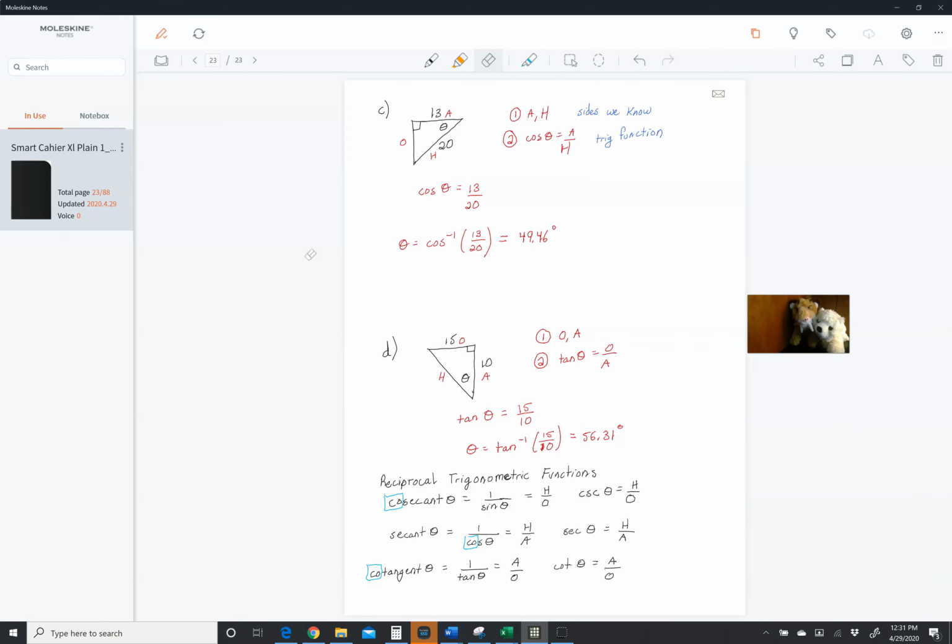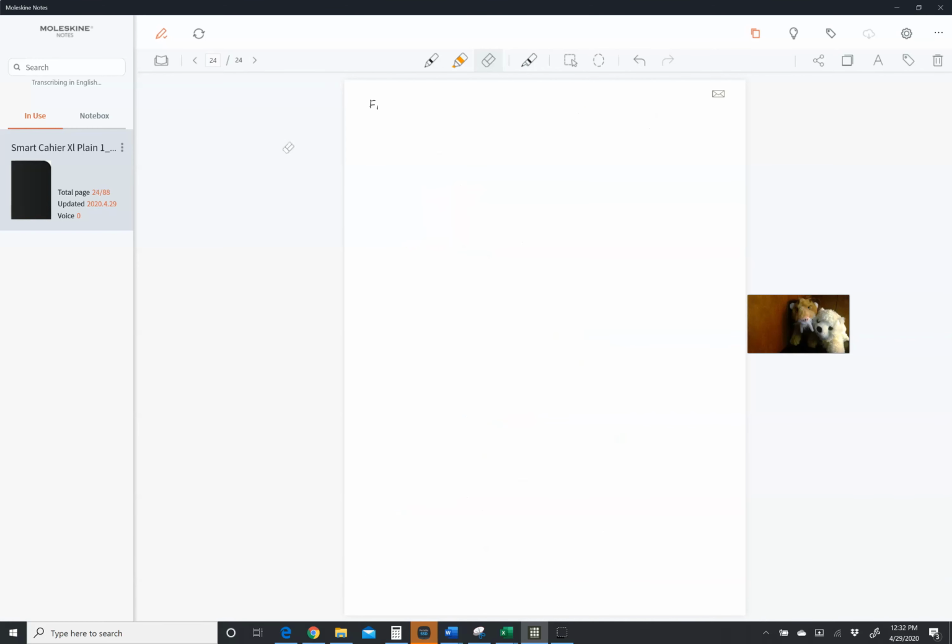Okay, so how can we use this? So we're just going to do a couple of examples here because we're going to be doing this more as we go through trigonometry. So I'm only going to do 2 examples, okay? So finding all 6 trig functions given just one.